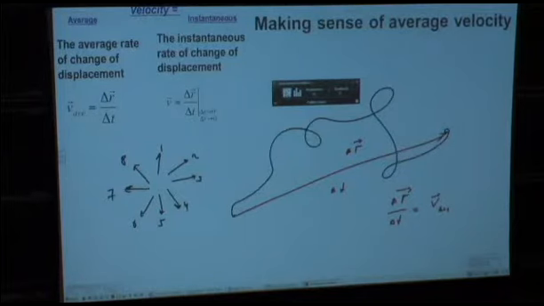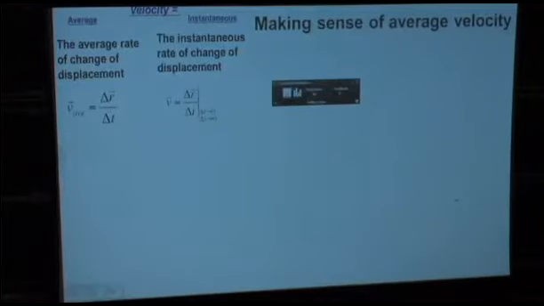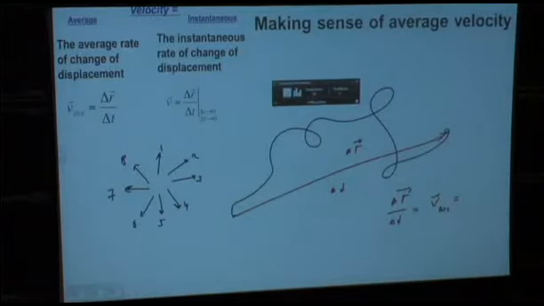And again, remember, what you're doing here is this. You have a vector, and you're multiplying by a number like that, 1 over delta t.